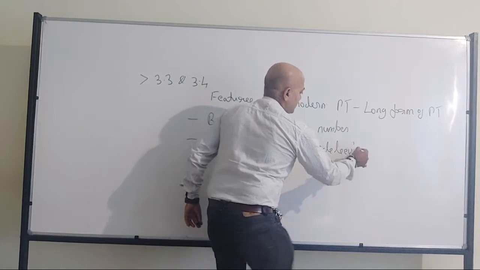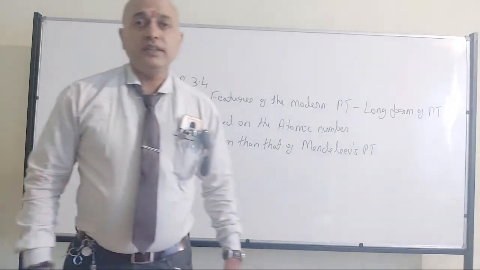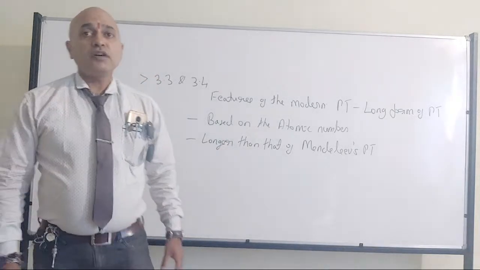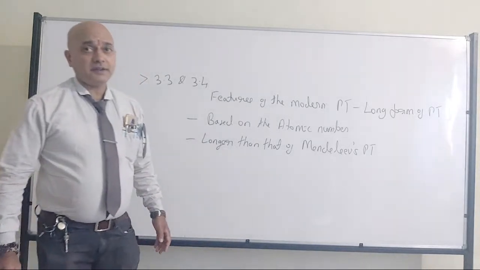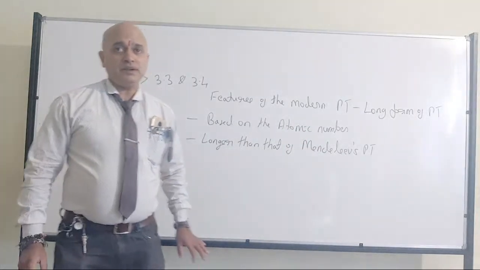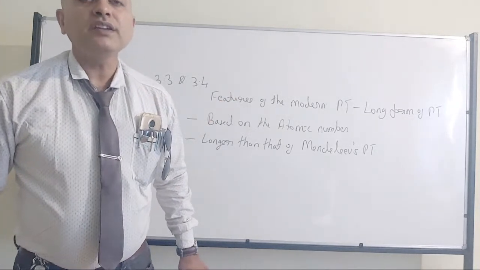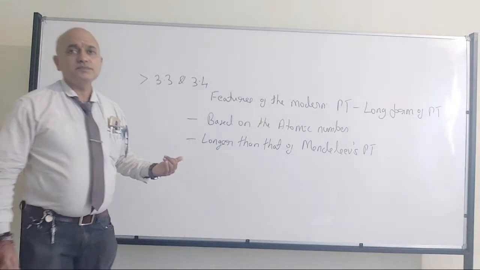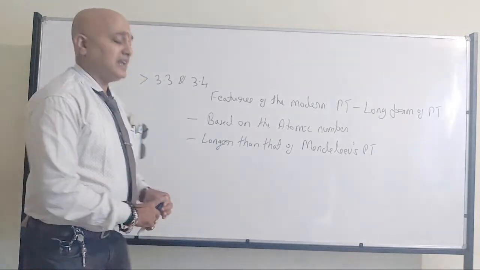They have kept some space for newly discovered elements to enter the names of the newly discovered elements. So, to accommodate the new elements, it is much longer than Mendeleev's periodic table. Therefore, we call it the long form of the periodic table.